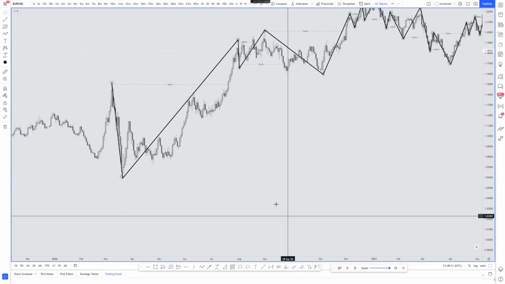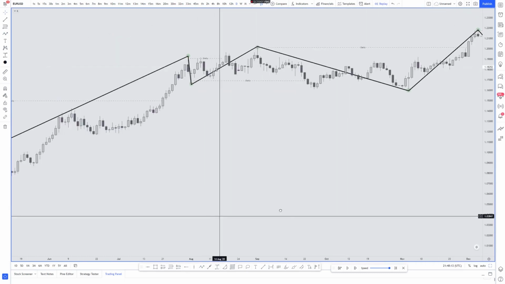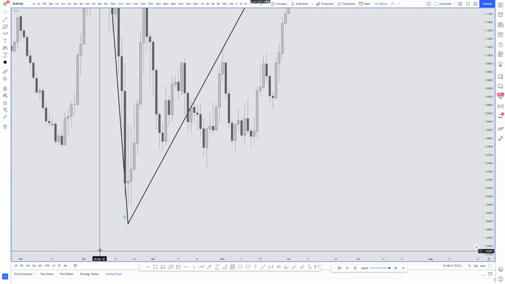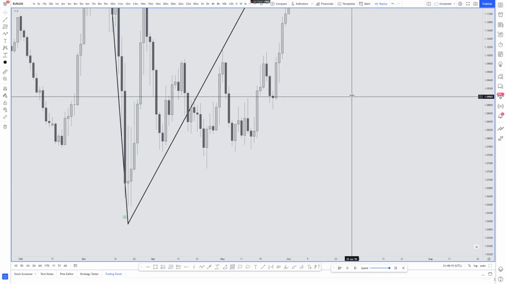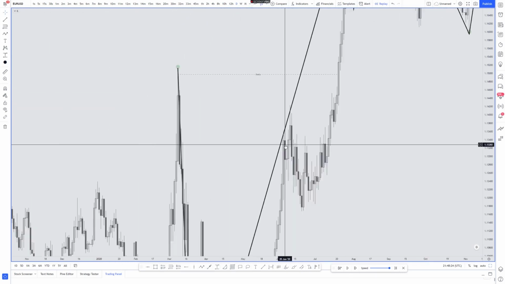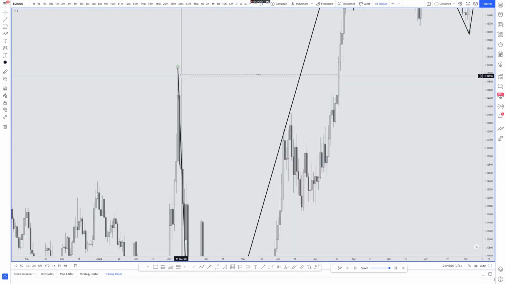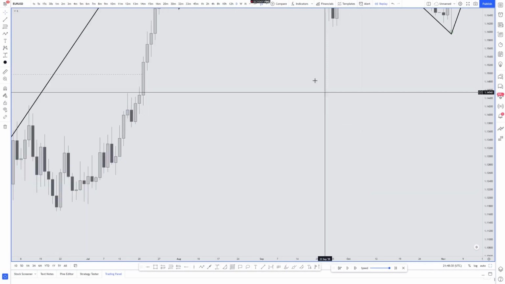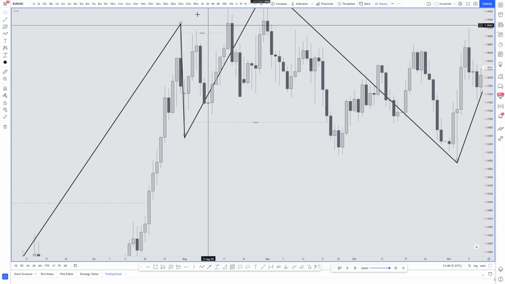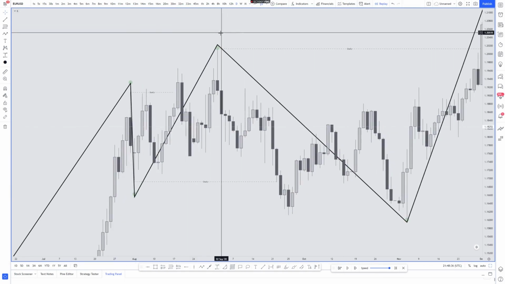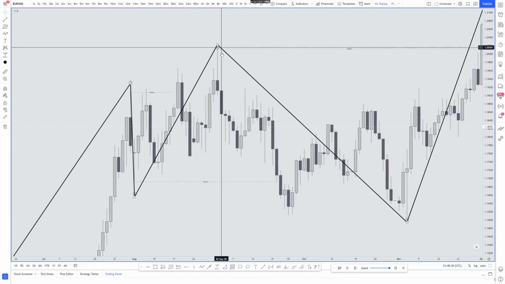So what we have here is all the structure we mapped. What I'm going to do is zoom in, and we basically started at this bottom. We went on up. Once we took this high, we called that our structure break. We wait till the impulse ends and we have any decent pullback. So here we make a new high, we become a confirmed bullish trend.